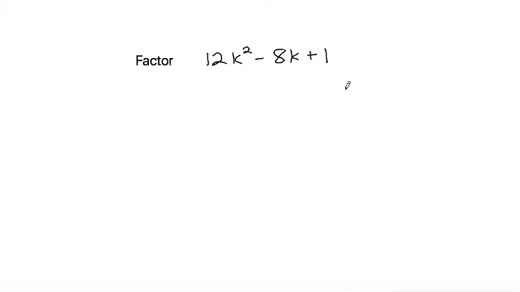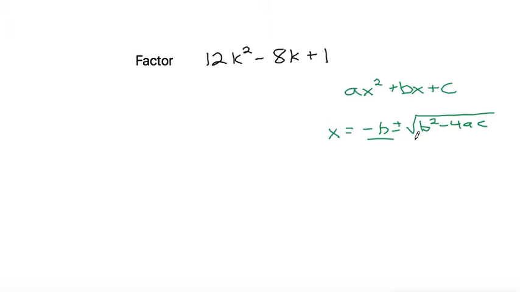When you have a quadratic in the form of ax squared plus bx plus c, then you can use the quadratic formula, which is x is equal to negative b plus or minus the square root of b squared minus 4ac all over 2a.